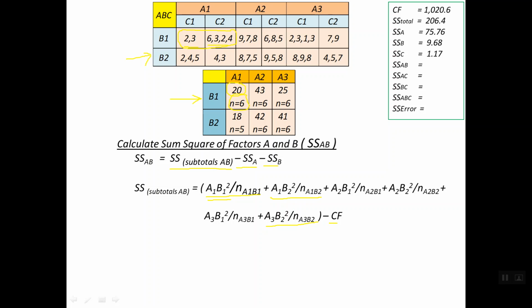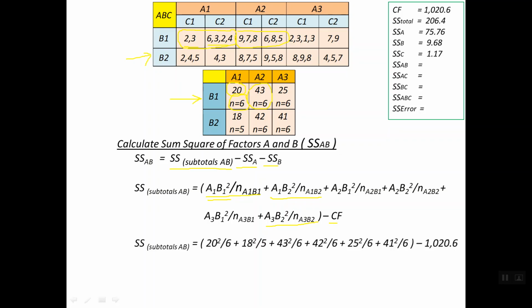So small n for A1, B1 is equal to 6. For A2, B1, we have a sum of 43 and the number of observations is equal to 6. A2, B1 is simply all of these records here, and the same way you can do it for the rest. So we have here 6 combinations.